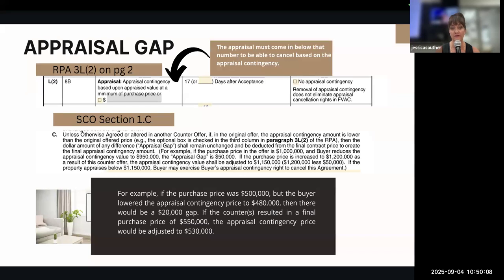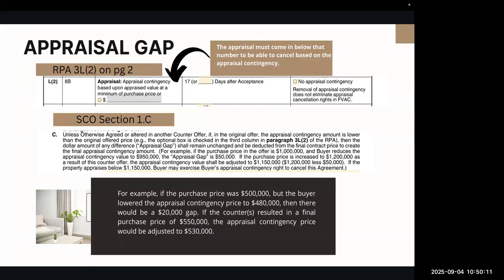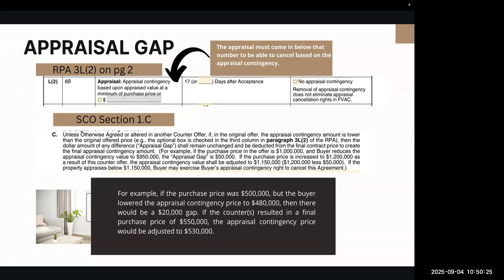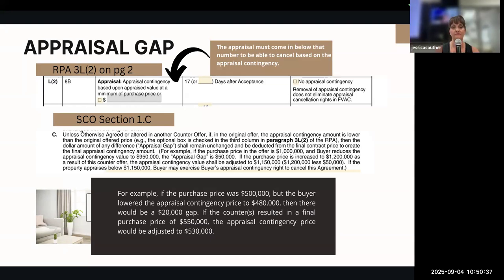We've got to do some math. If it's 405 and we put 400 in there, the math is we've created a $5,000 gap. That $5,000 gap continues on. If we raise the purchase price in the counter, it's still only $5,000. So it's actually establishing the difference, whatever that gap is. It's the price difference, not a minimum purchase price. Correct. Okay. Thank you.